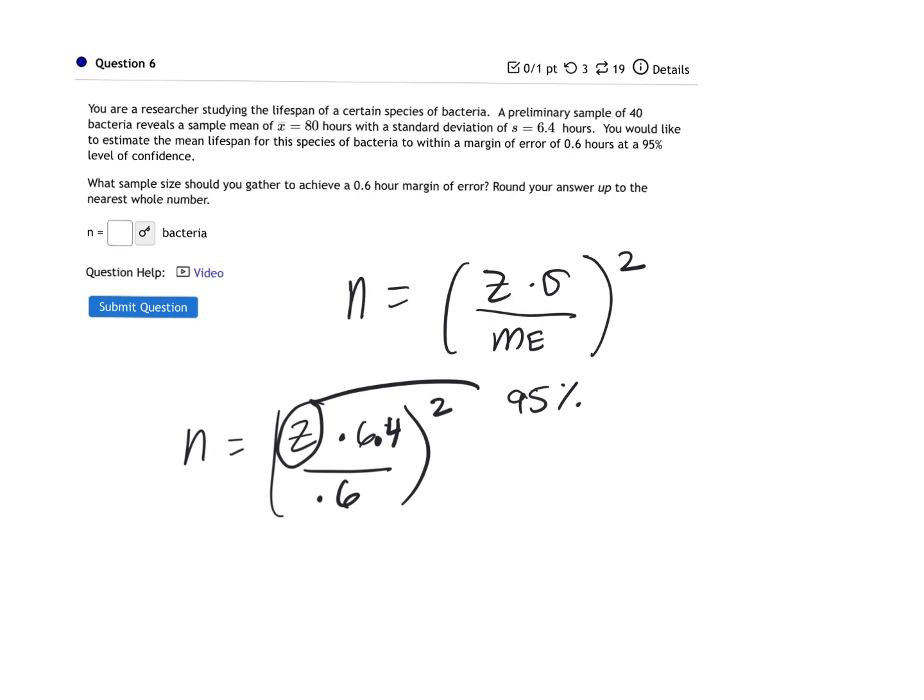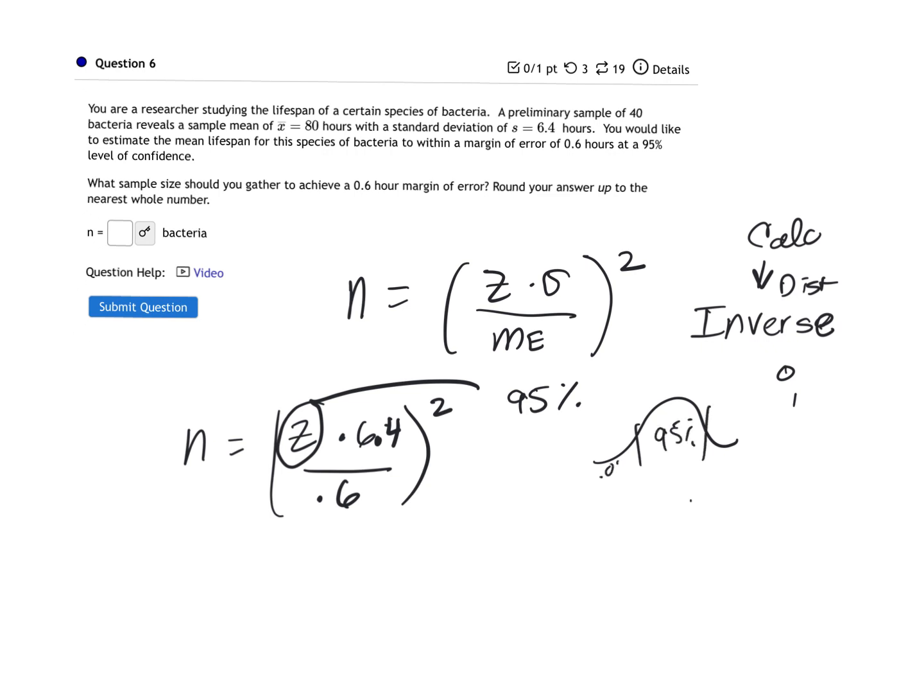If I did this on Minitab, I would go to the calc menu, down to distribution, choose inverse, choose normal, mean of 0, standard deviation of 1, and put my area. Just think about this. Area is at 95%. That means I have 2.5% on each side here.